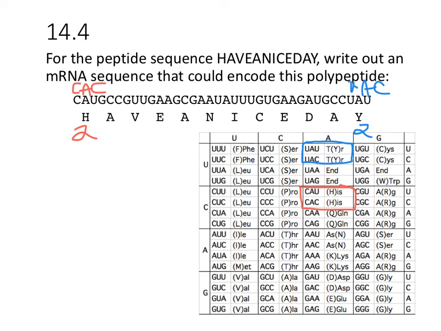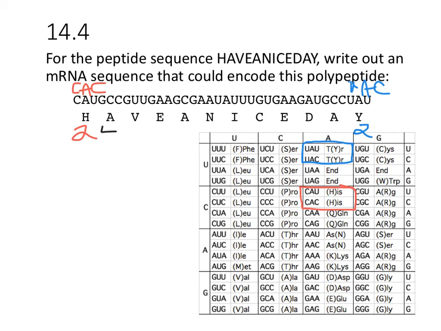But then there's a combination, right? You could have CAC or CAU at the start, and UAC or UAU at the end. So that means there are four different possible DNA sequences that produce this protein. Except, there's a lot more. That's only the tip of the iceberg.